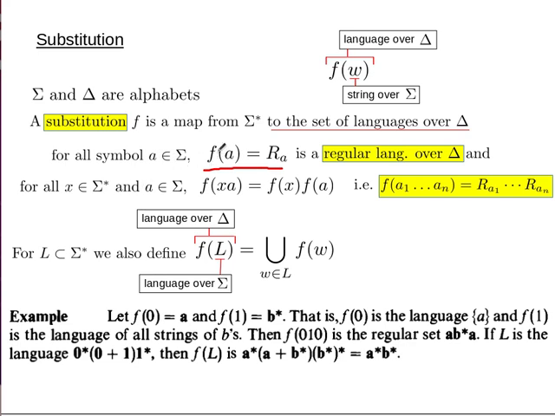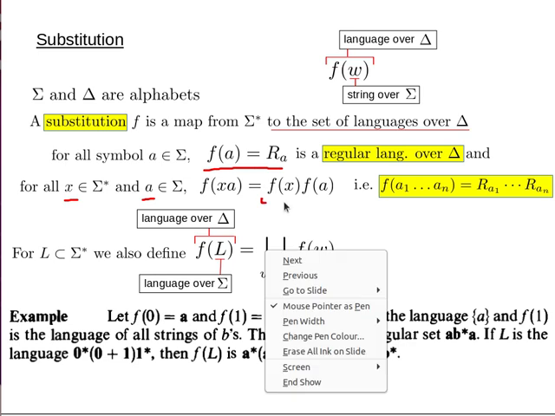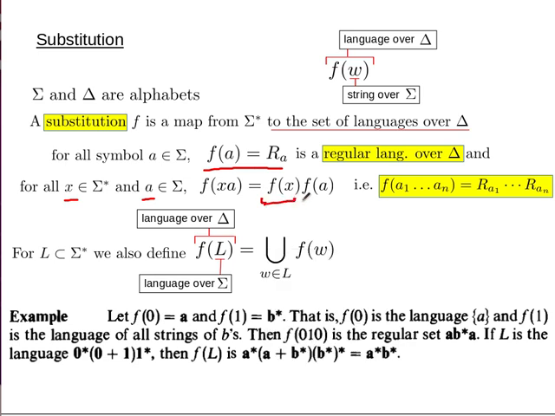And then it also satisfies this property, that if you have some string x and some symbol a, it kind of breaks this into these two parts. So if you take the concatenation of this string and then take f, this is a concatenation of these two. Now see, this is a language, and this is also a language.